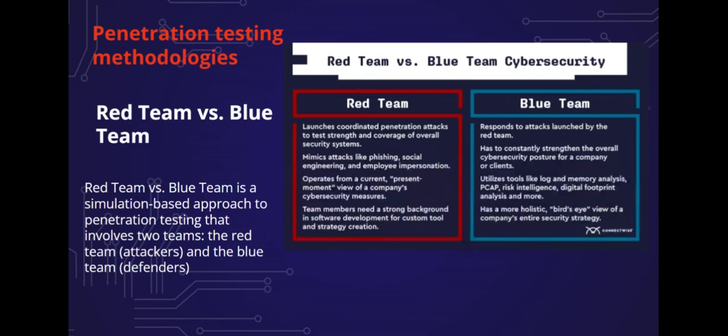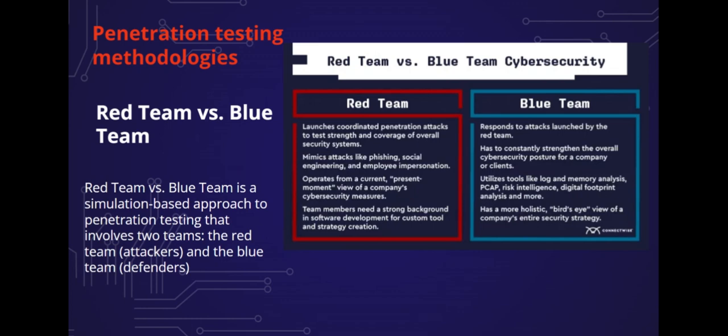So as you see here, we have two types of teams, a red team and a blue team. The red team attempts to exploit vulnerabilities and breach organizations' defenses, while the blue team defends against these attacks and monitors for suspicious activities.